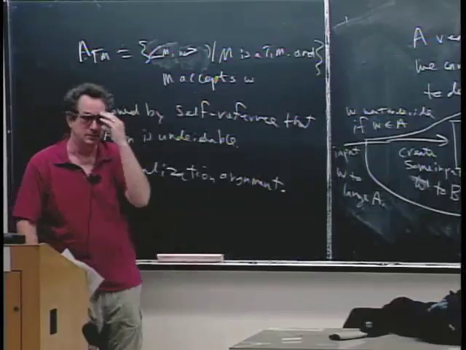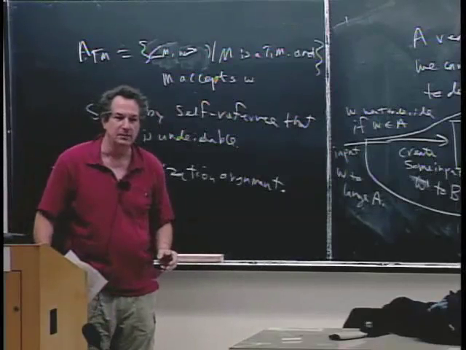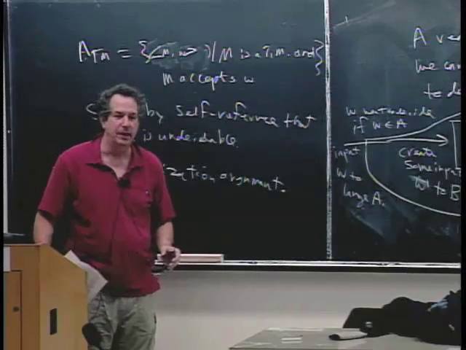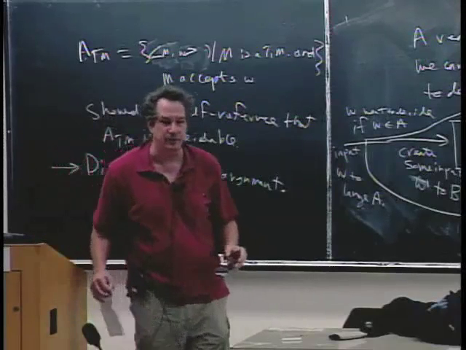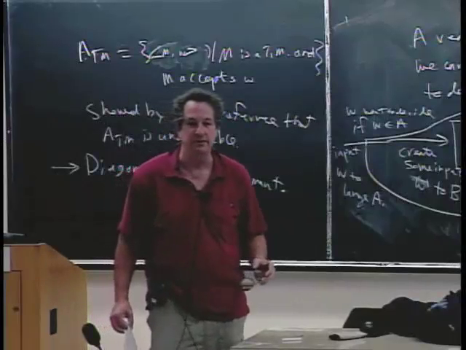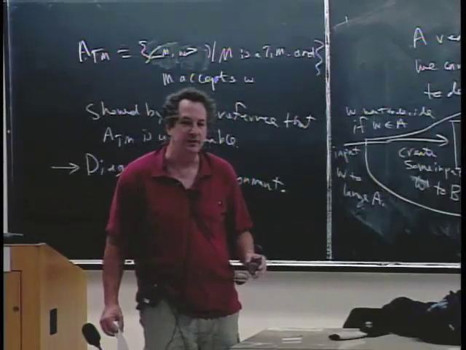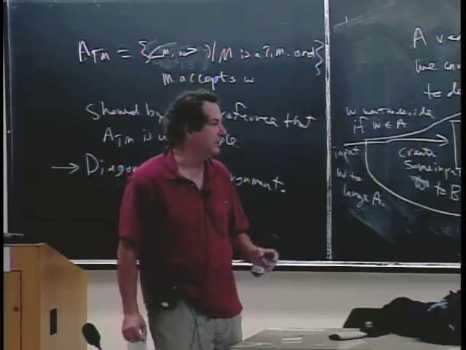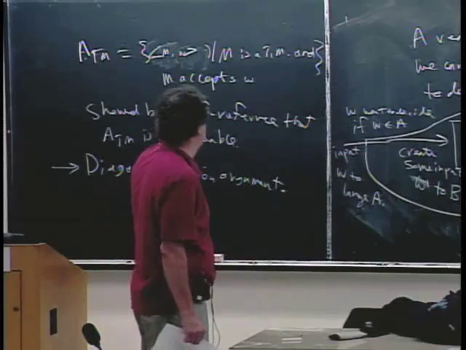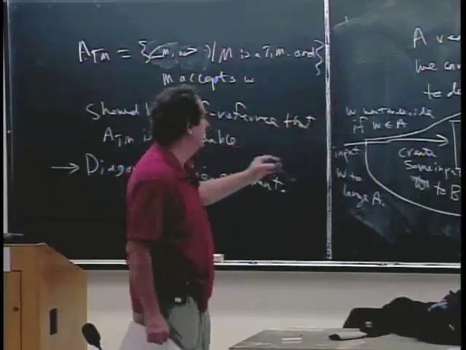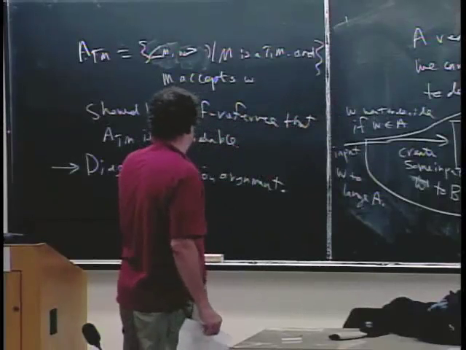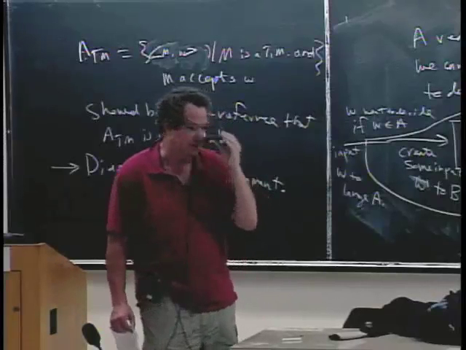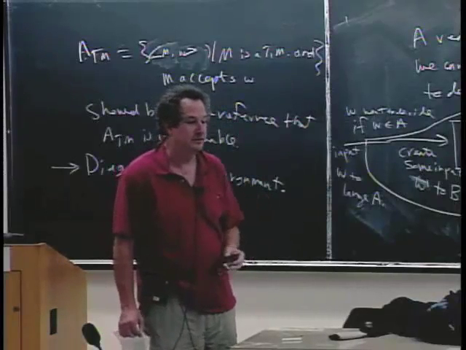Over here, M is a recognizer, over here, M is a decider? No. The suggestion is this is a recognizer and this is a decider, but that's just not right. Does halt TM accept when M rejects W also?